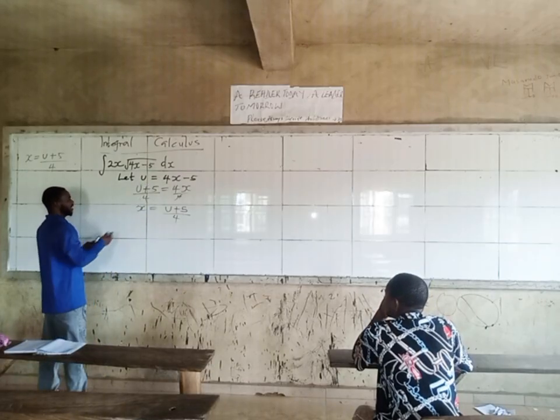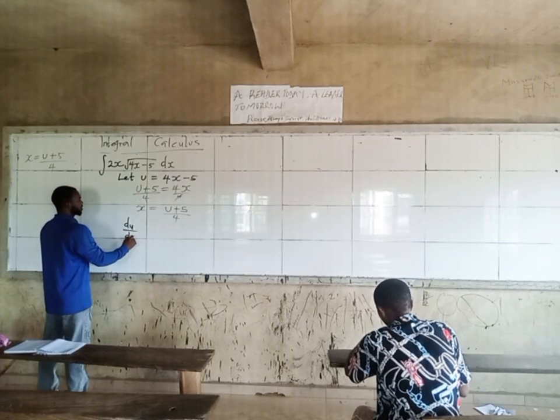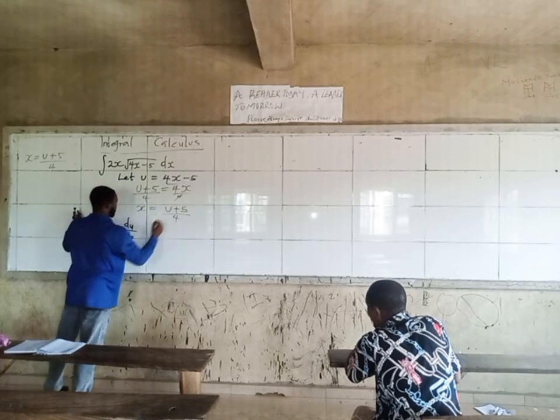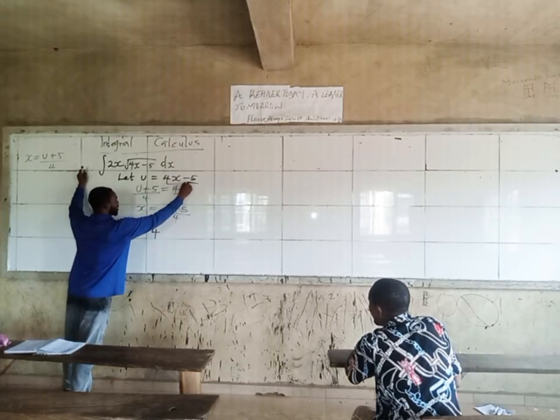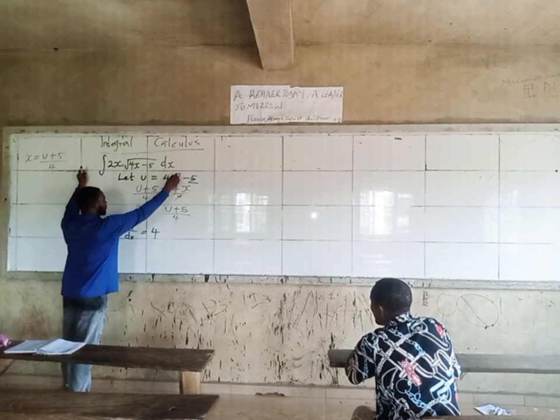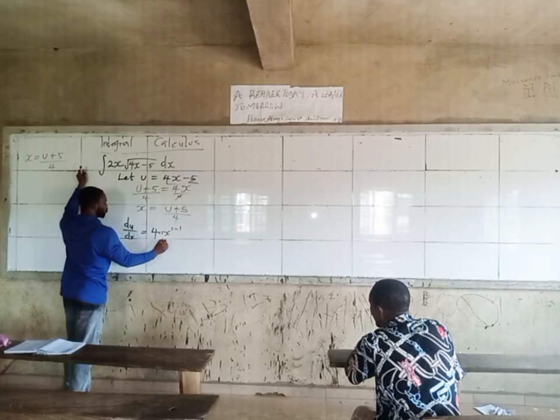So in order to find dx, I will use the same pattern I normally use. du over dx will be equal to 4, because if you differentiate the constant, it will be 0. And if you differentiate 4x, it will be 1 times 4 times x raised to the power 1 minus 1, so you see that this will be x raised to the power 0 times 4.